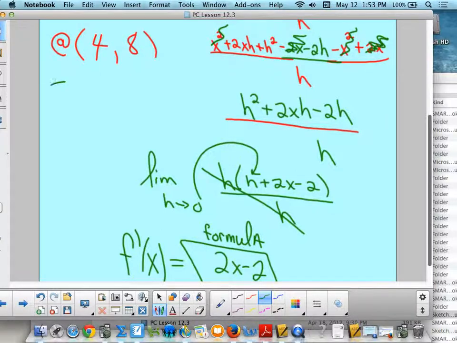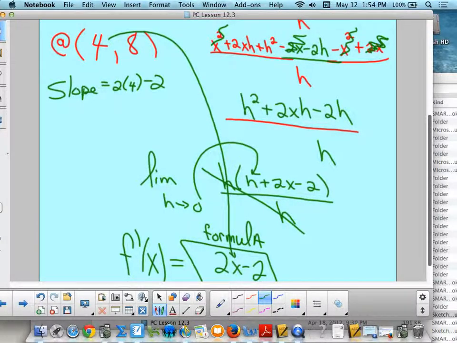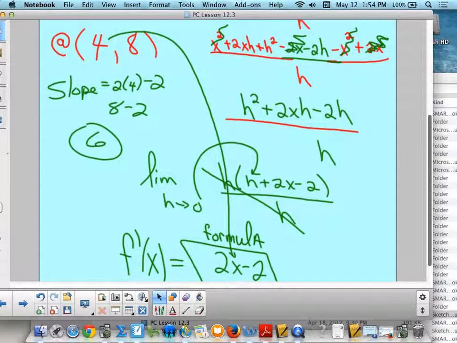So the slope at 4 is, put the 4 in, it's 2 times 4, take away 2. You should have got 6. I'd say half the class had that before I got up there. Now, if you didn't have it, give me your desk.